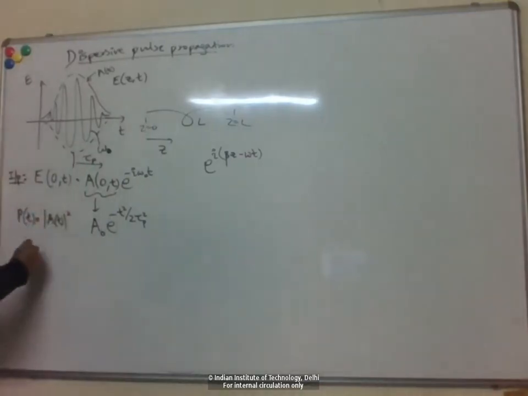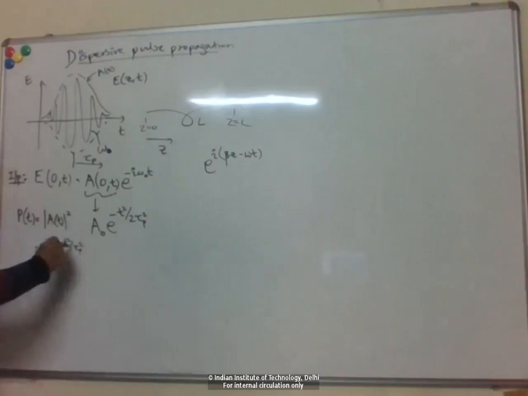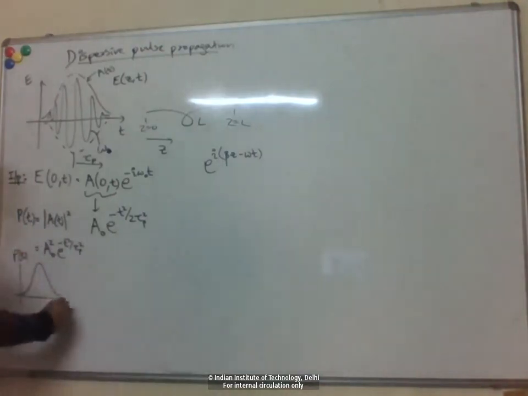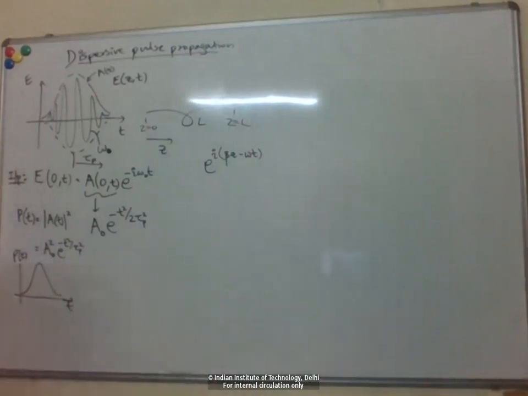You can see that will look like a Gaussian function too. Of course, the power does not have any phase; it's just a pure real number. So that's my input pulse here.